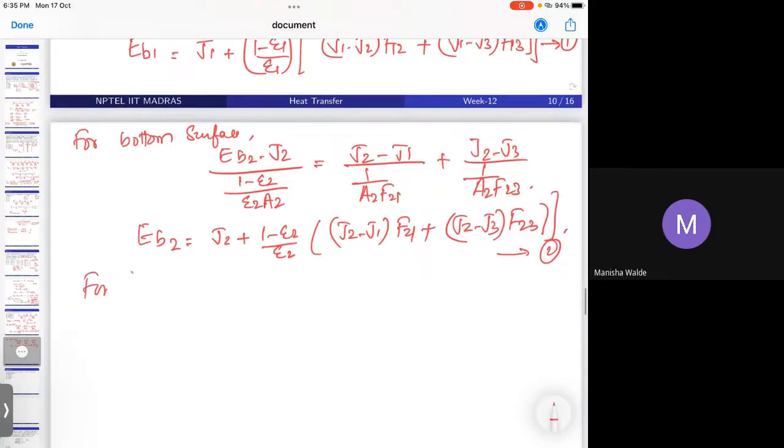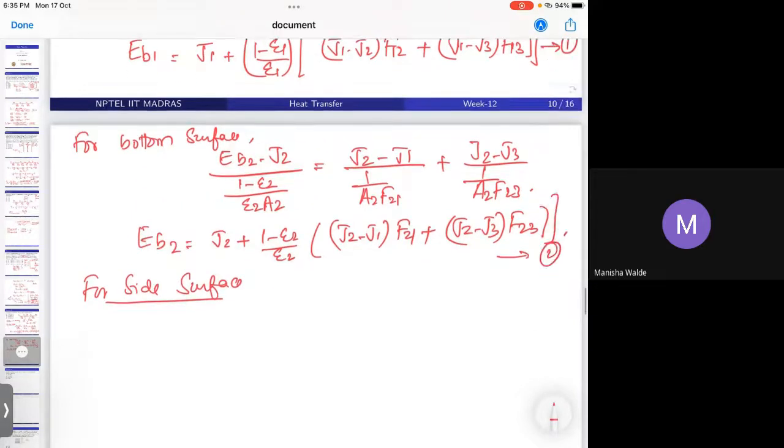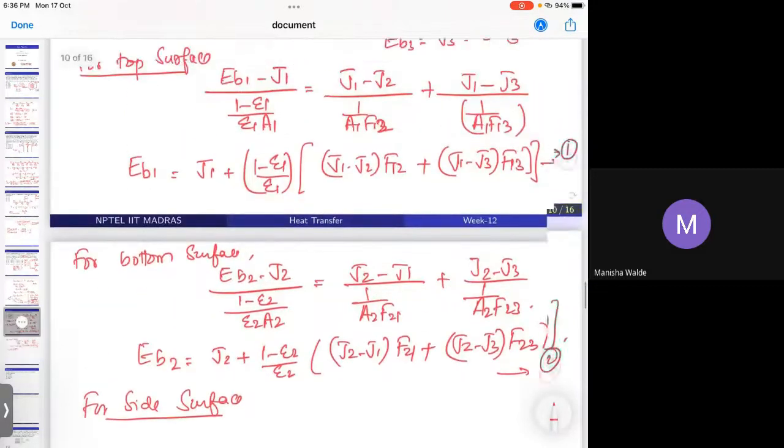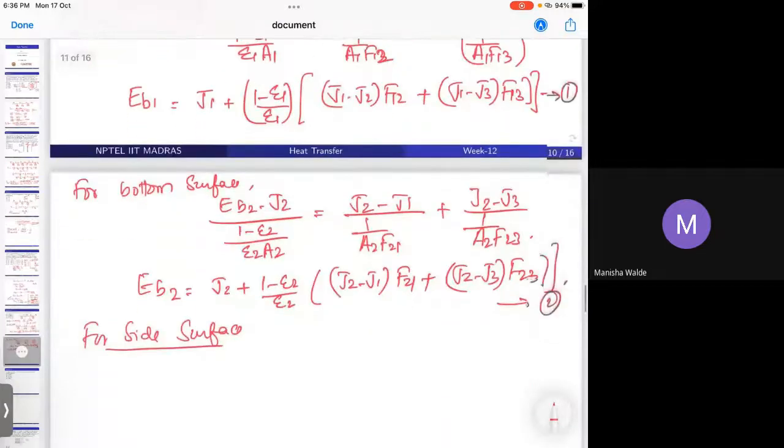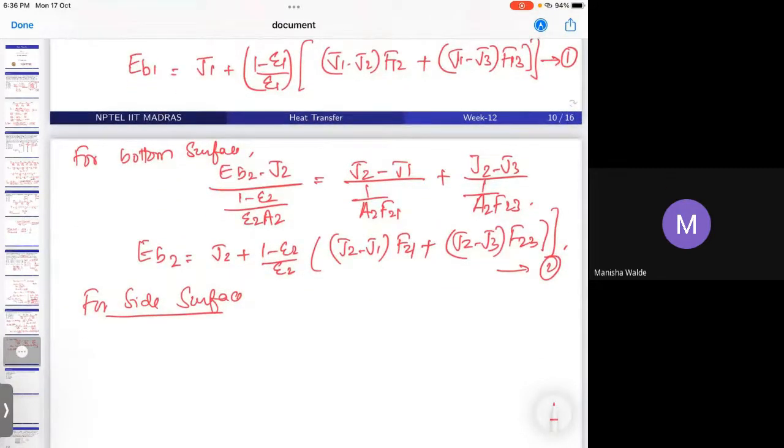And for the side surface, there is no surface resistance, so we can directly write EB3 is equal to J3, which is equal to sigma T3 raised to 4.